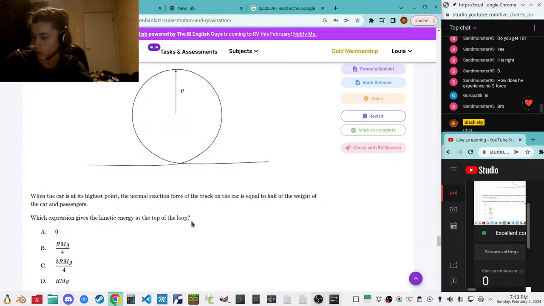So wait, let's just write kinetic energy at the bottom is equal to the kinetic energy at the top plus mgh.